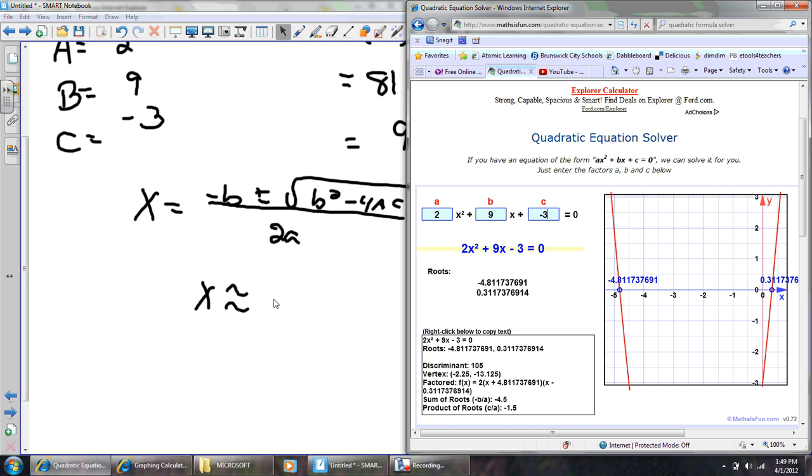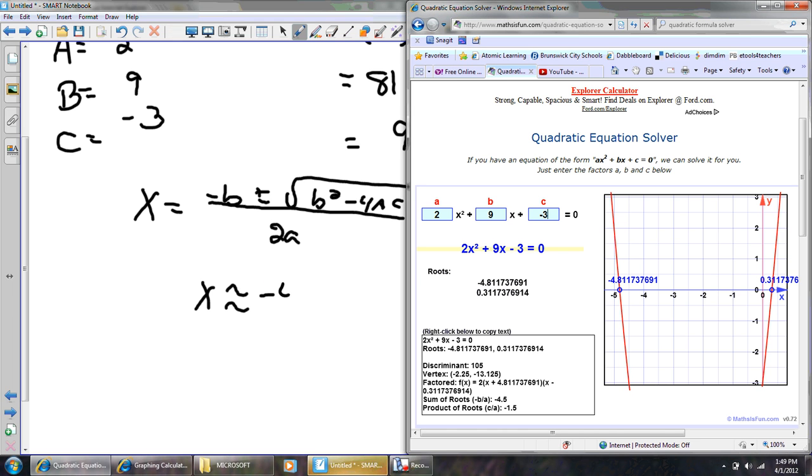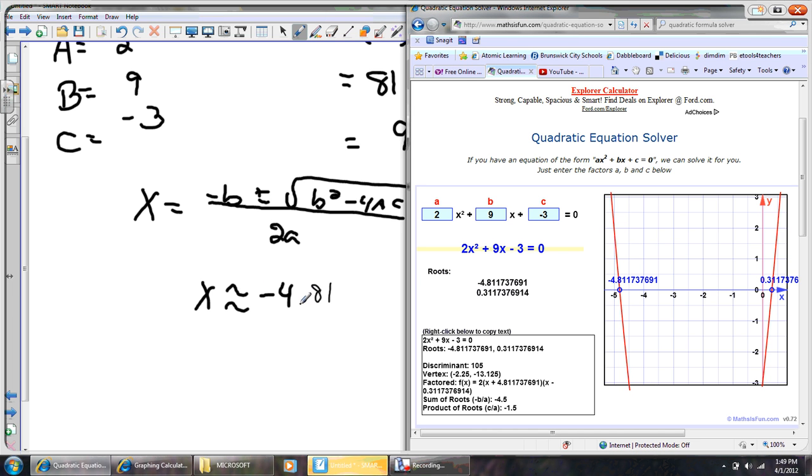And when you did that, you should come up with x is approximately equal to 4.81, or, oh, I like this. I don't know how I did it, but I like it. X is approximately equal to 0.31.